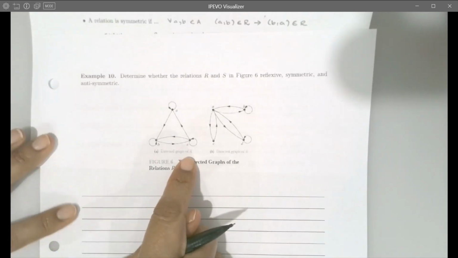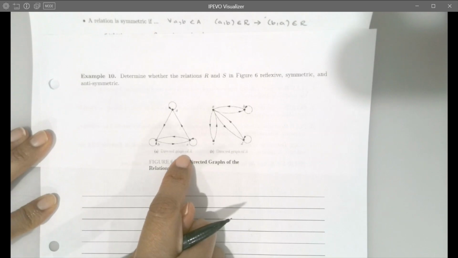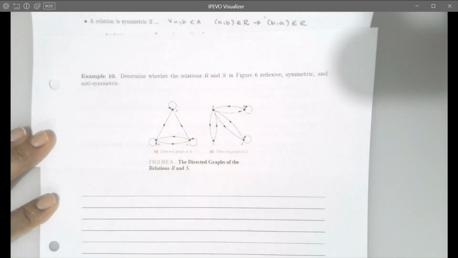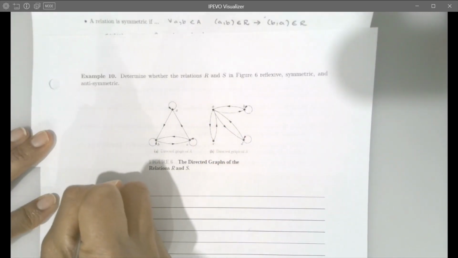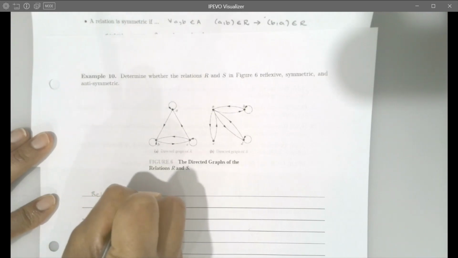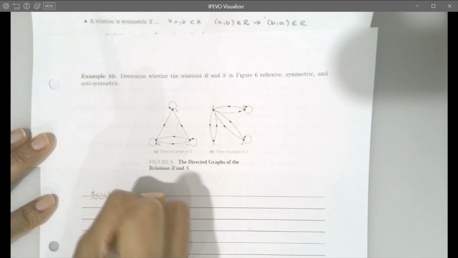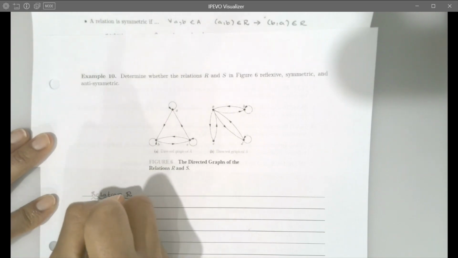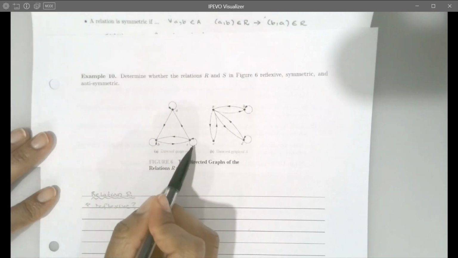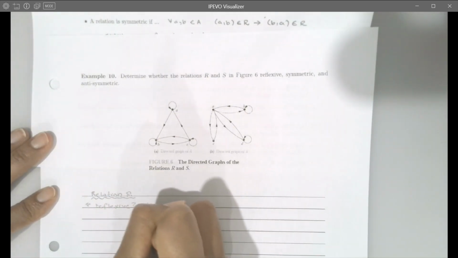Okay, and it's a little difficult to see on my notes here because it didn't print too well, but this is the digraph of relation R, and this is the digraph of relation S. Okay, so let's start with relation R. We're going to start by looking at whether or not it's reflexive, and if it's reflexive, that means that we need to have loops at all of the nodes, and we do see loops at all of the nodes, so it is reflexive.